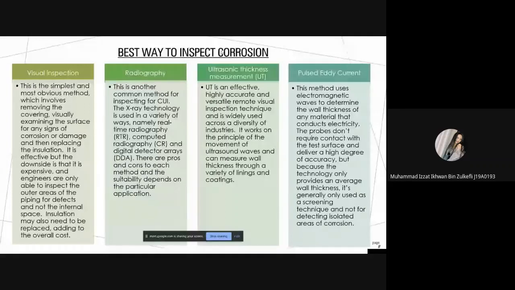Second, radiography. This is another common method for inspecting for CUI. X-ray technology is used in a variety of ways, namely real-time radiography, computed radiography, and digital detector array.